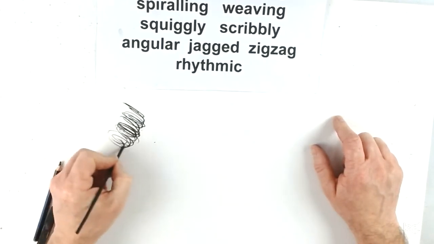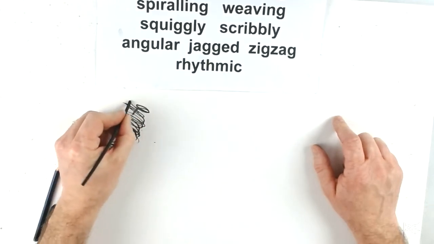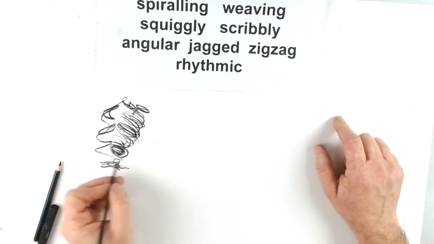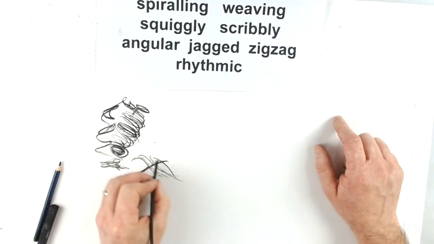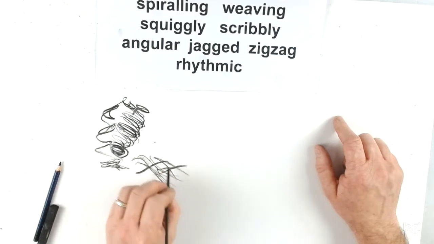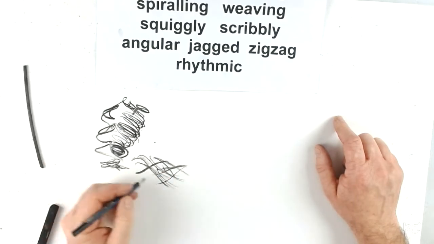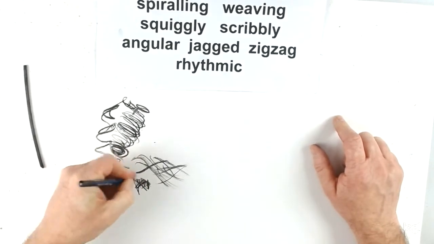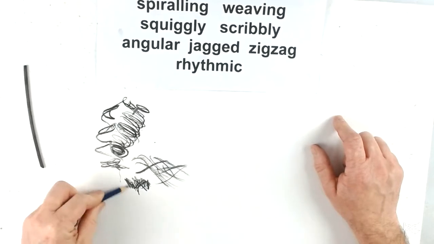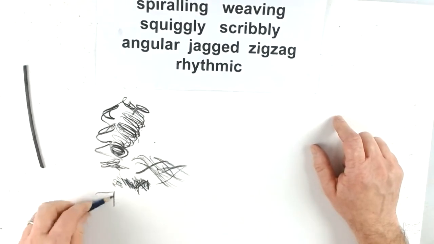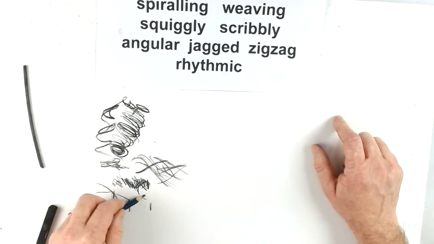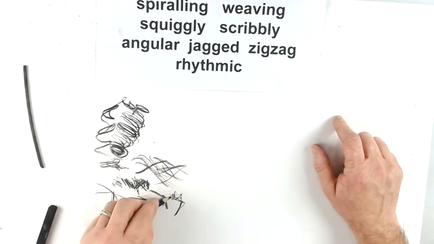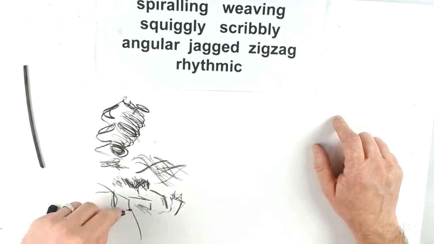So swirling, twisting marks, weaving marks, switch to squiggly, scribbly, definitely like scribbly, angular marks. Notice I'm sometimes using a pencil on its side. Jagged.